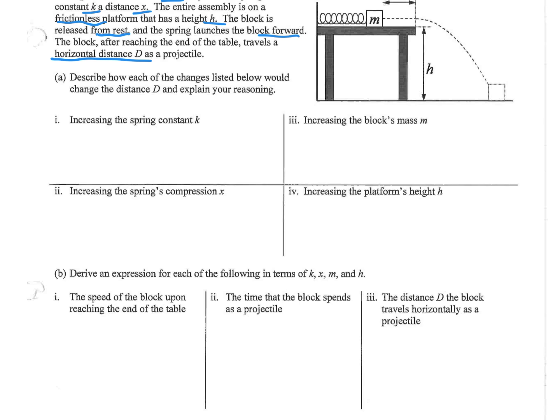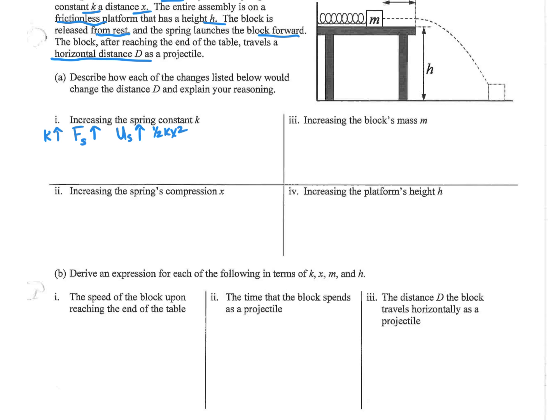Okay, so what do we know? Increasing the spring constant. So if K goes up, we know the spring force goes up, right? Which means that U sub S goes up because it's 1/2 kx squared, right?